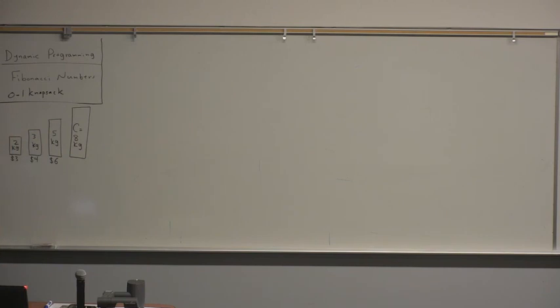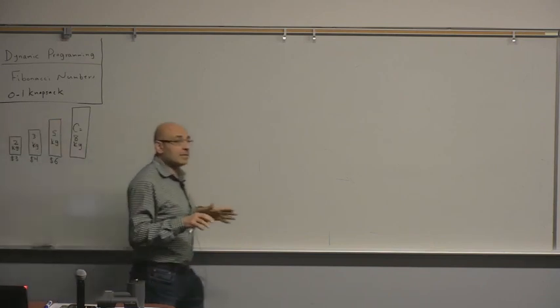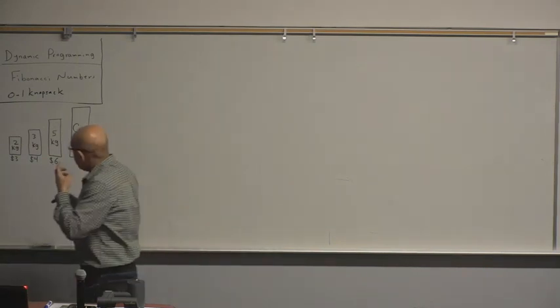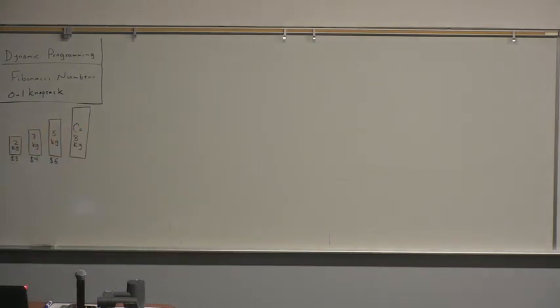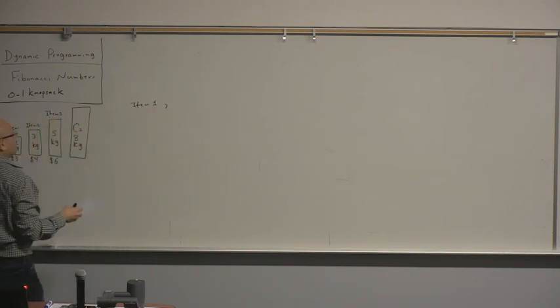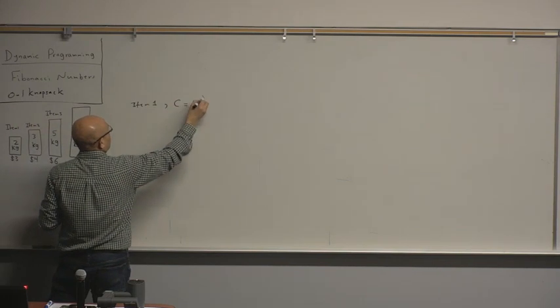Now, how can we apply dynamic programming to this? The idea is to start with some base case that we can solve easily. What is that base case? That base case could be, for example, having only one item, item 1, and a capacity C equals 1.